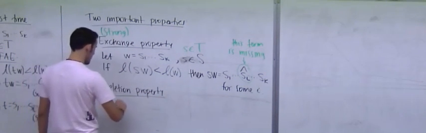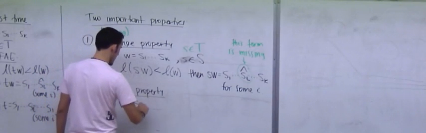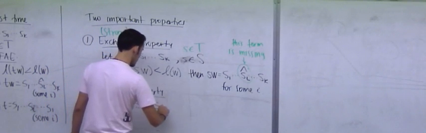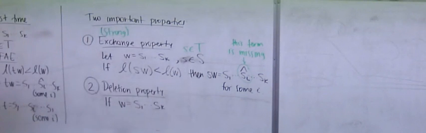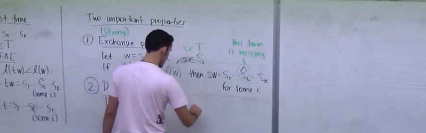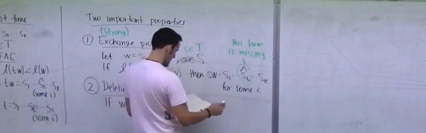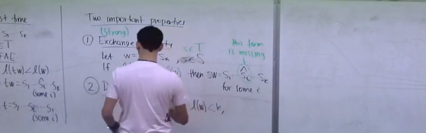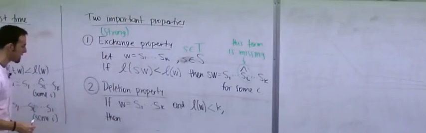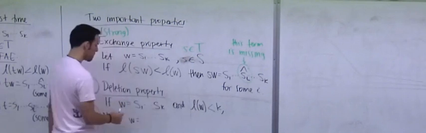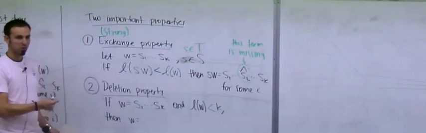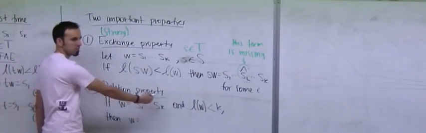If you take some element W of your Coxeter group and you write it as a word, and this word is not reduced, then it's a fact that you're going to be able to rewrite W as a shorter word by just removing two of the letters here.